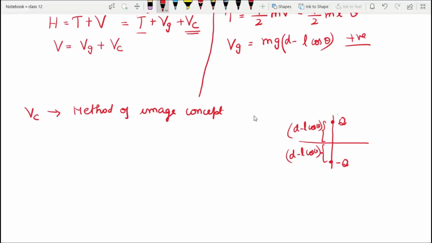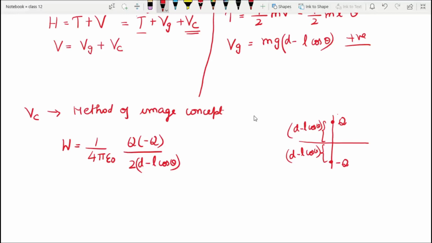Now we can calculate the work done in assembling the system without this conducting plate. That will be the work done, equal to 1 by 4 pi epsilon naught times q into minus q divided by 2 times d minus L cos theta.